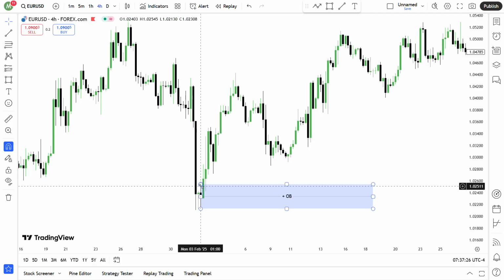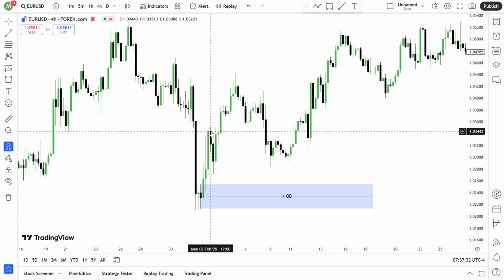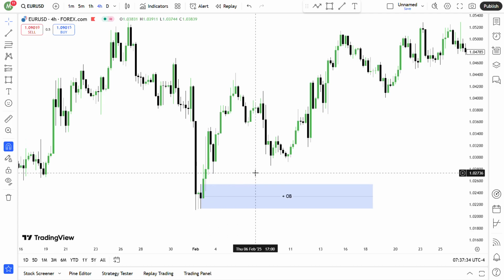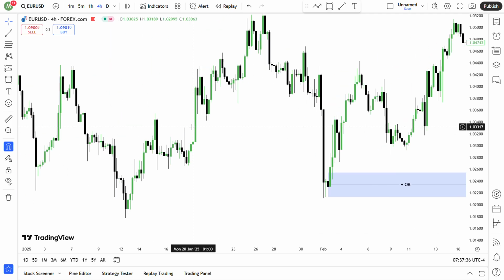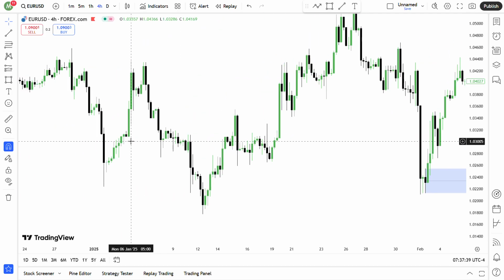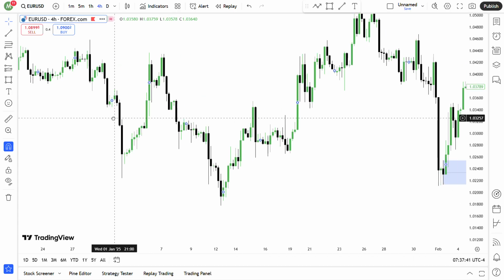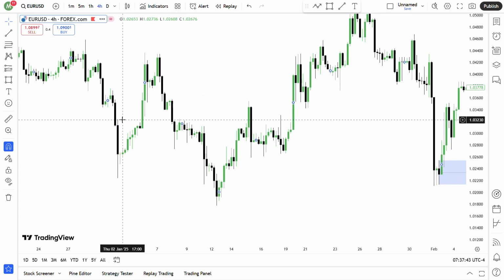Due to the market makers placing the buy order, after this bearish candle the market goes into displacement. So this is known as a bullish order block. This one, you can consider as also a bullish order block.